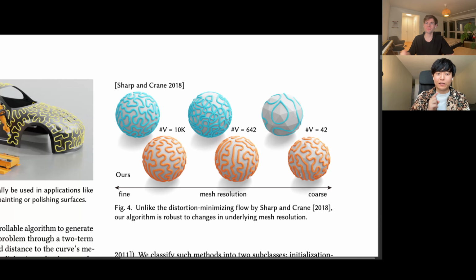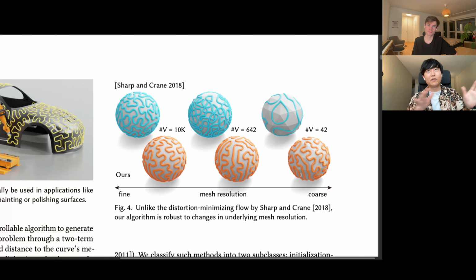Let me first explain what I actually intended in this figure. What I wanted to show is that there was a previous method named variational surface cutting, published by Sharp and Crane in 2018. Their curve representation used an implicit function defined on the surface mesh.